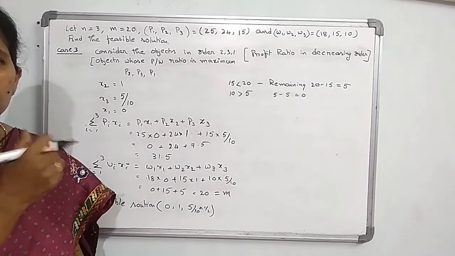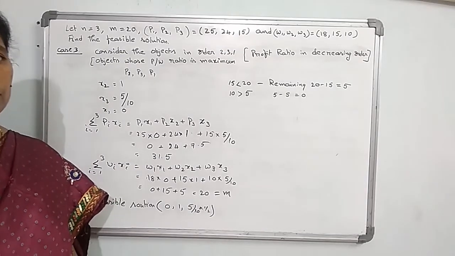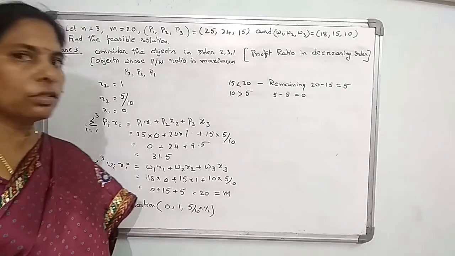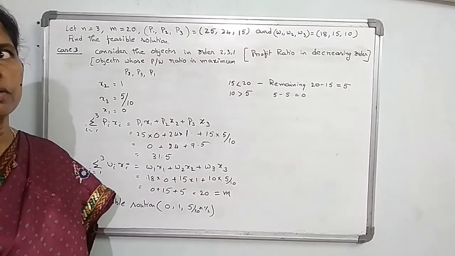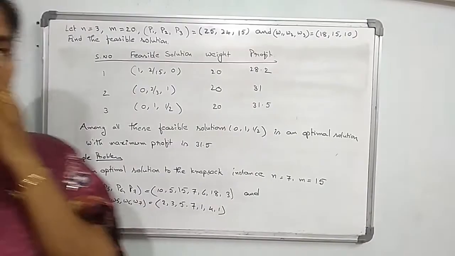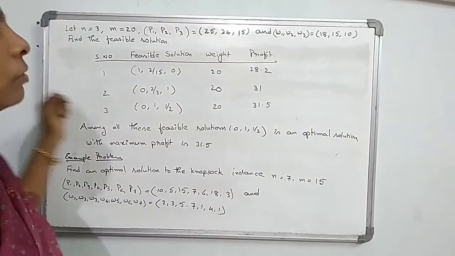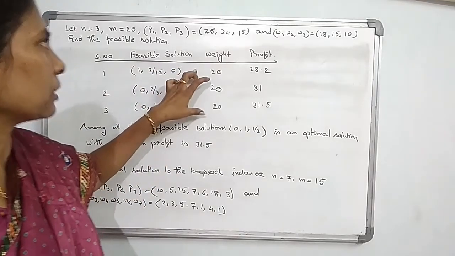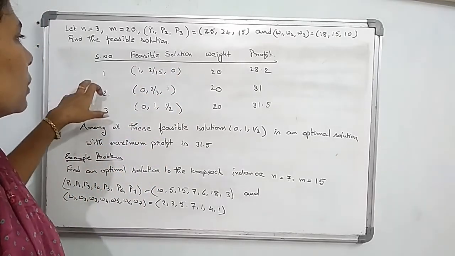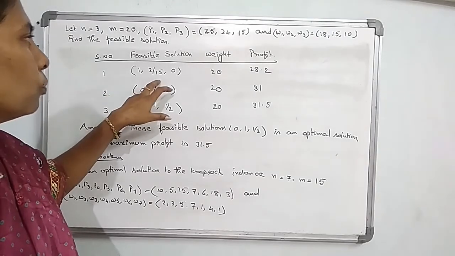Okay, now we will find out what is the optimal solution. The optimal solution mainly depends on all the 3 cases. After finding the 3 cases, you have the output of the 3 cases. In the first case, you have the feasible solution 1, 2 by 15 and 0.